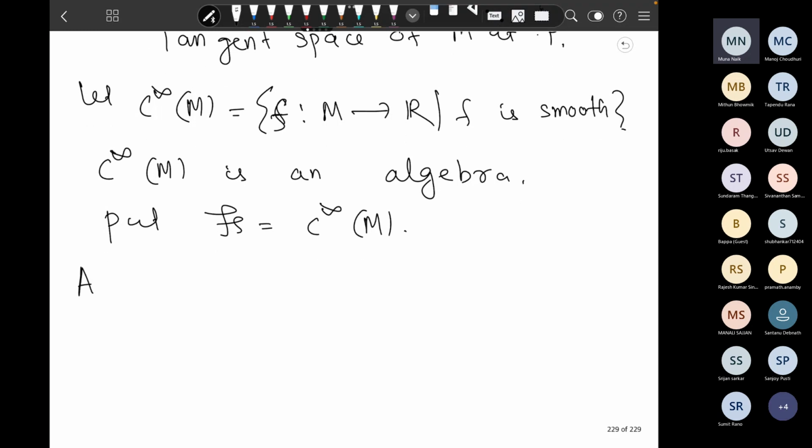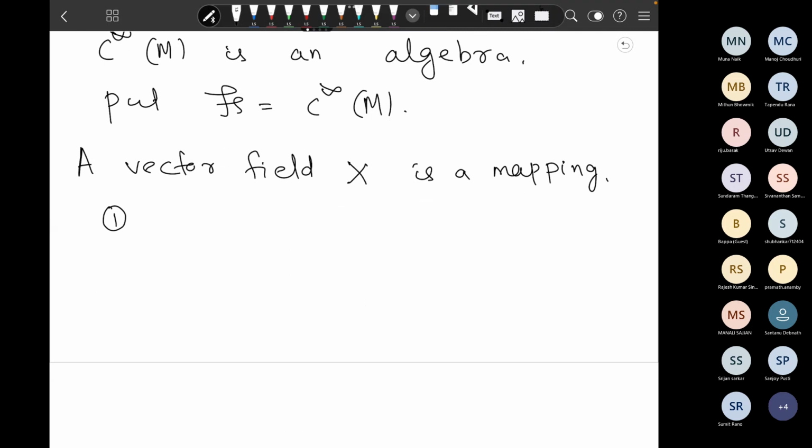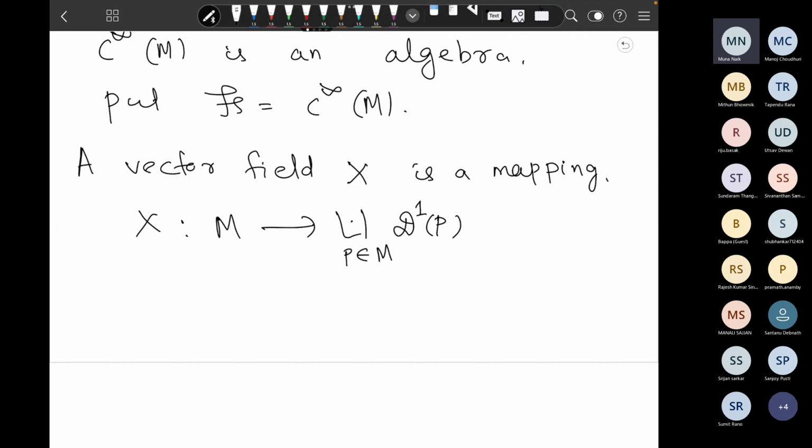Okay, so a vector field X is a mapping X from M to the disjoint union of p belongs to M of D1 p, so that the first condition is X_p belongs to D1 p.